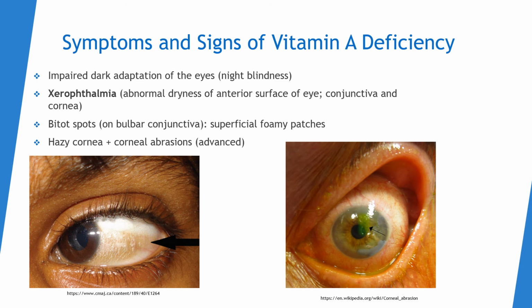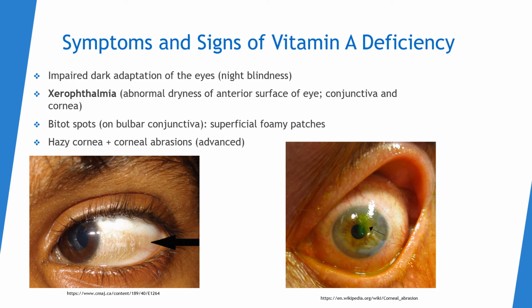Symptoms and signs of vitamin A deficiency include impaired dark adaptations of the eyes. This is a key observation you can make, or a key point that you should take note on when a patient tells you their history. This is also called night blindness or nyctalopia.